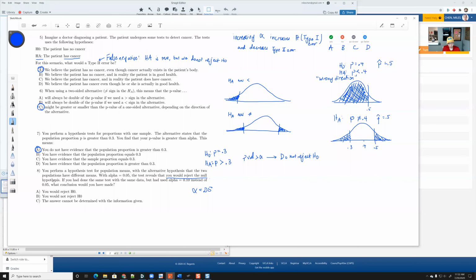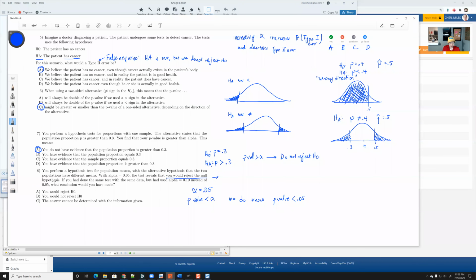Rejecting the null means our p-value is less than alpha. We don't know exactly what it is, but we do know right now that our p-value is less than 0.05.